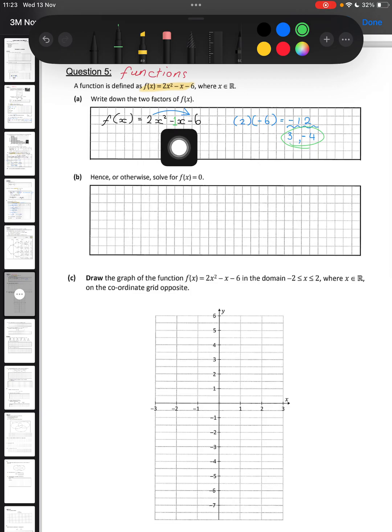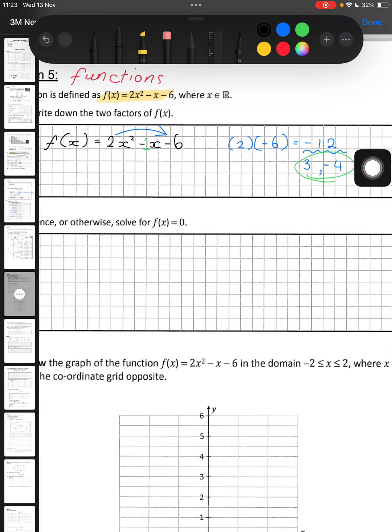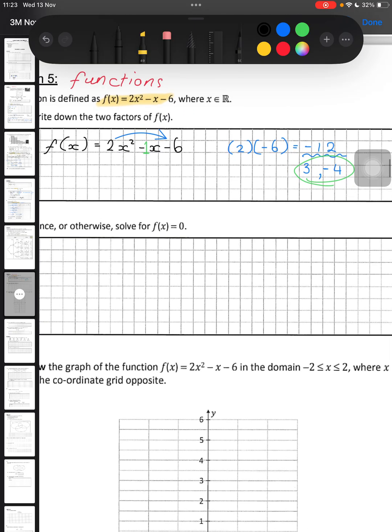Now, this isn't as simple as just opening up two brackets straight away, because we have a number in front of the x squared. So instead of just jumping to opening up brackets, I'm going to rewrite it, and this minus 1x I'm going to rewrite as minus 4x plus 3x.